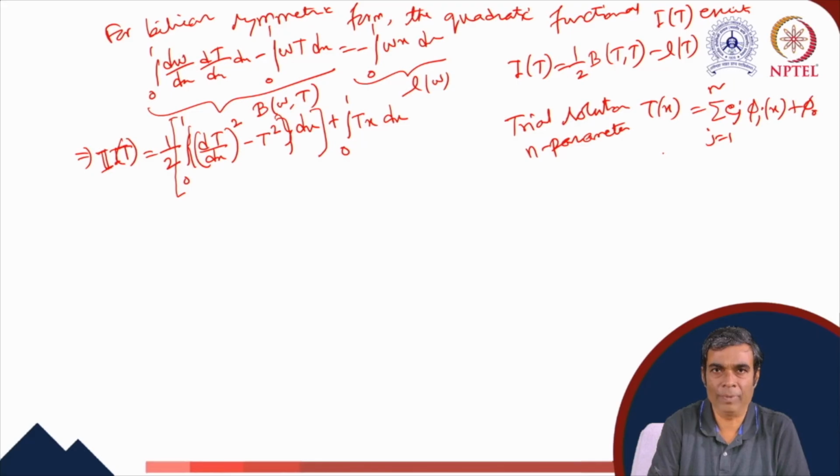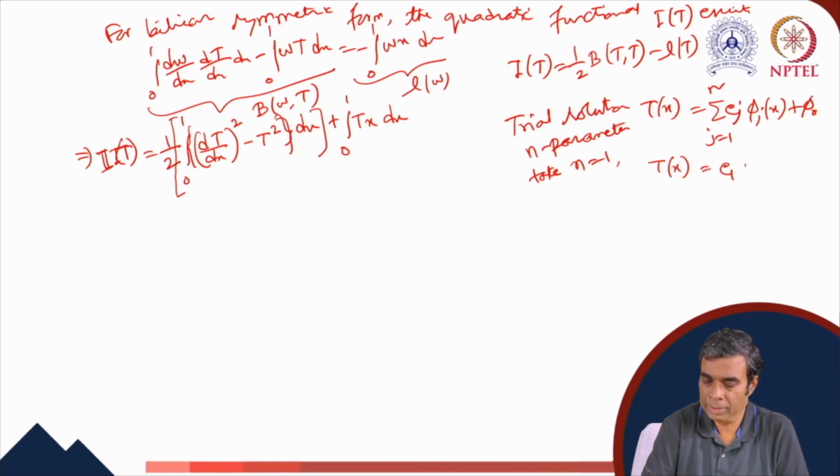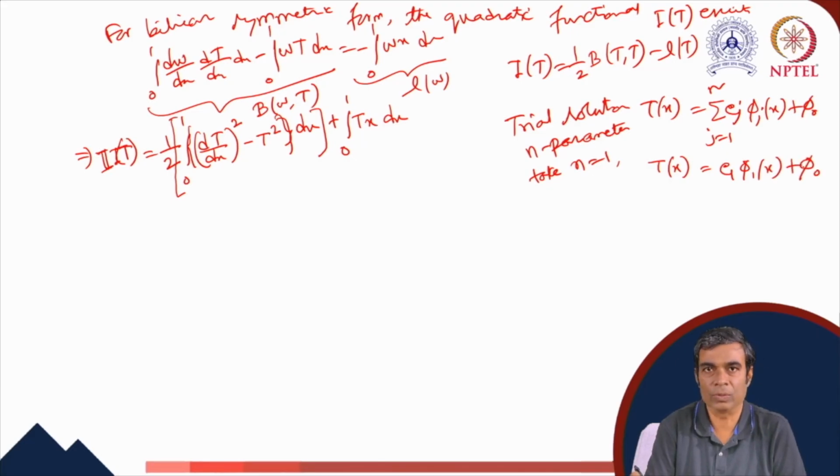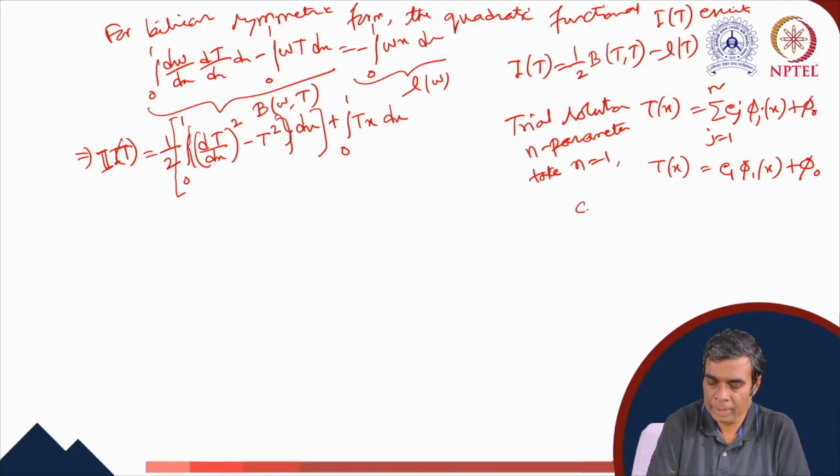So for this problem, for simplification, let us take n equals 1. This is known as one parameter approximation. So the one parameter approximation will be T(x) equals C1 phi 1(x) plus phi 0. In the previous class, we have shown that if x varies between 0 and 1, then we can choose the polynomial phi j(x) equals x to the power j into (1 minus x).